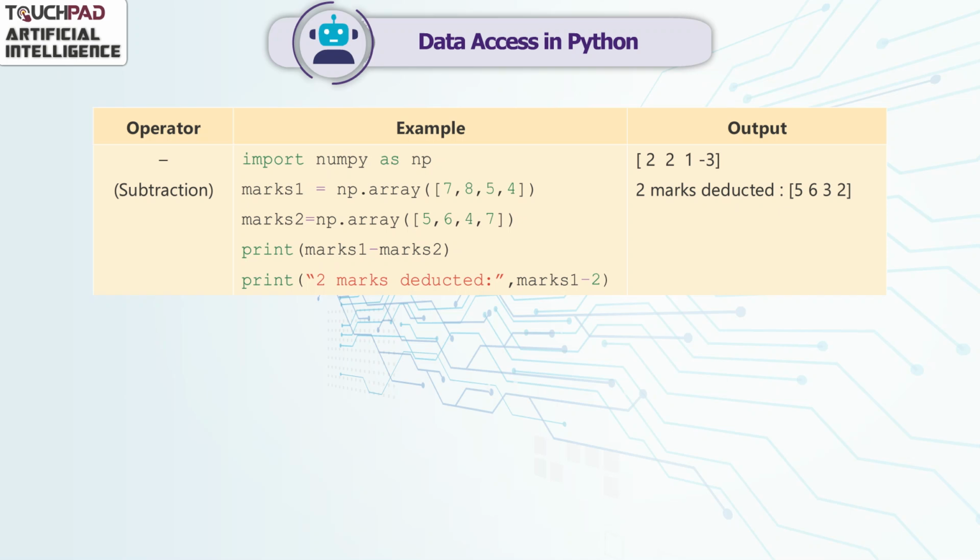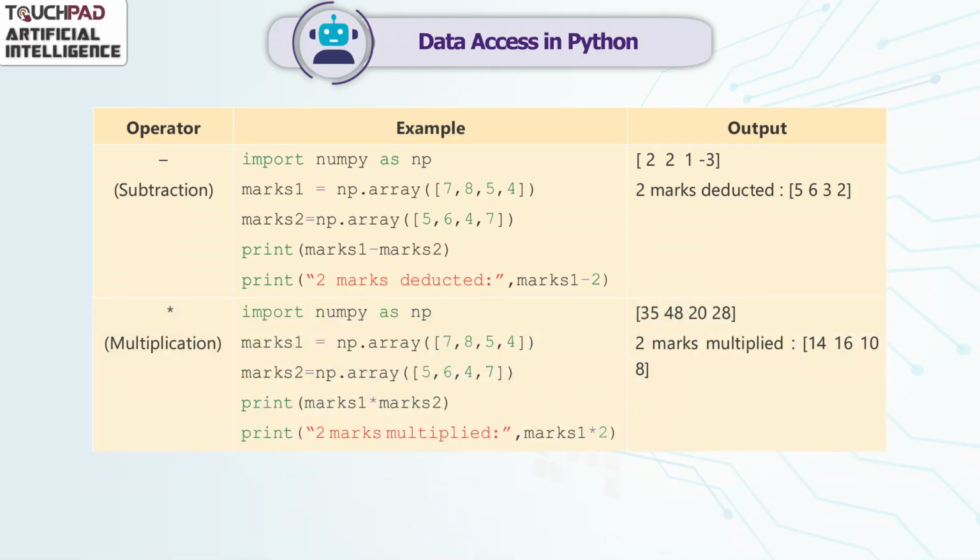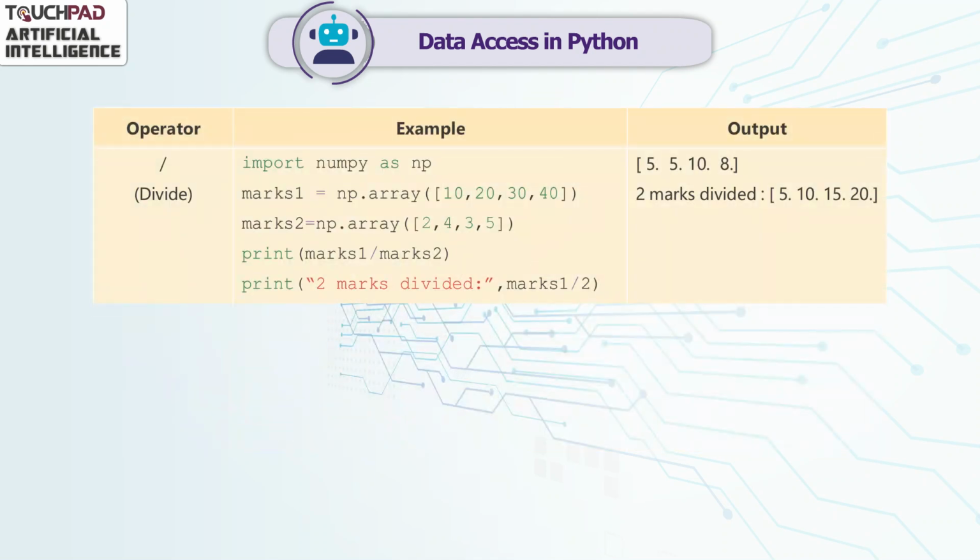Subtraction: 2, 2, 1, minus 3. 2 marks deducted: 5, 6, 3, 2. Multiplication: 35, 48, 20, 28. 2 marks multiplied: 14, 16, 10, 8.